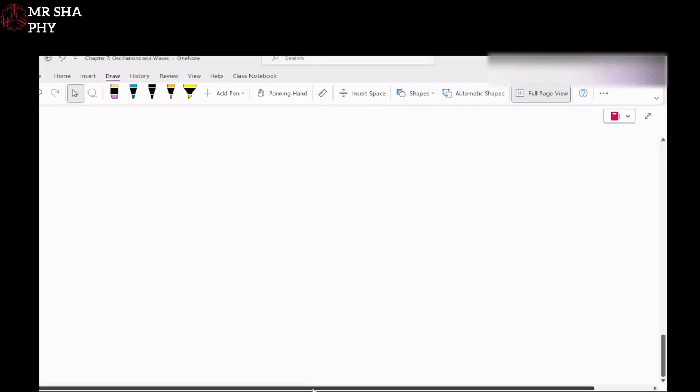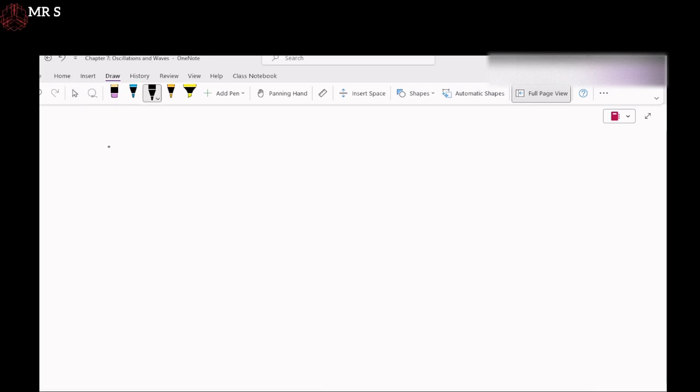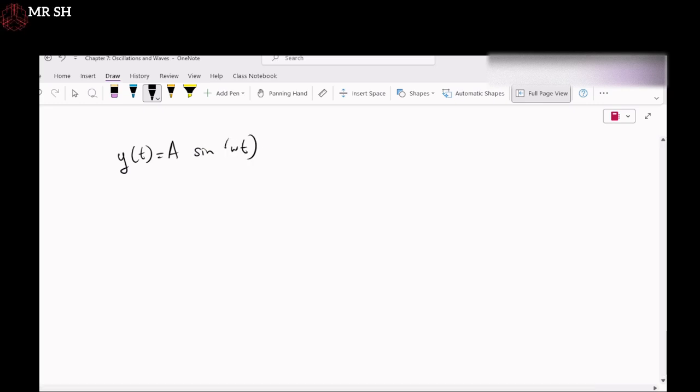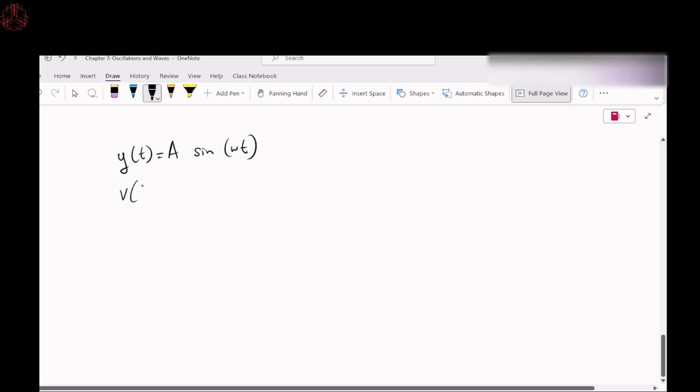So we've looked at the displacement functions. Let me just remind you that we had y as a function of time equals A sin omega t. Then we had v(t) equals omega A cos omega t.